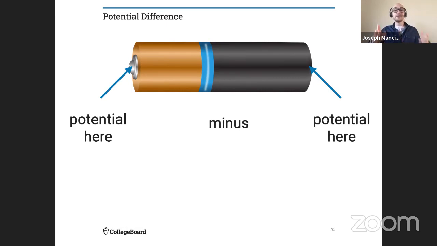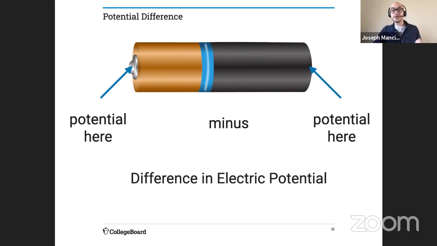But when you buy a battery, you don't say, I need a battery with a difference in electric potential between its terminals equal to 1.5 volts. That is not what you say. You say, what voltage battery do I need? 1.5 volts. But what that really means is we are subtracting the electric potential at one end of the battery from the electric potential at the other end of the battery. It's just subtraction.